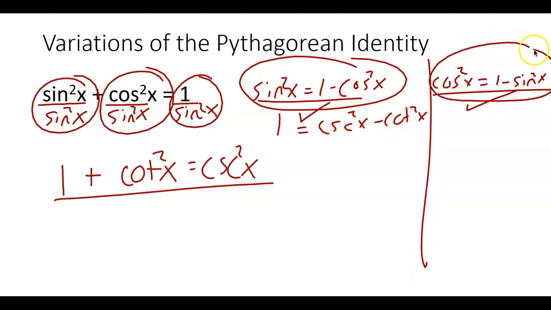And if you divided everything here by sine x, you're going to get cotangent squared x is equal to cosecant squared x minus 1. Now you don't have to write these down because they're all going to be on the next slide. But the point is that by dividing by sine squared x, I created 3 new types of Pythagorean identities. All right, let's do another one.